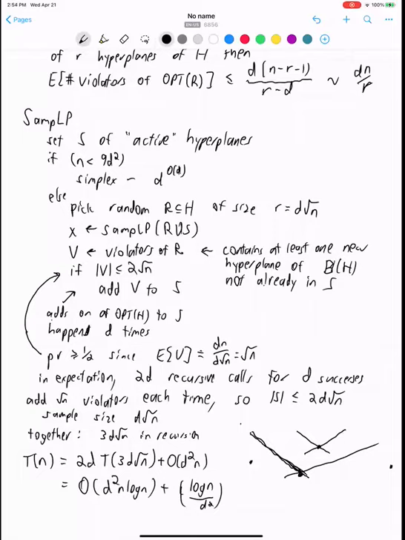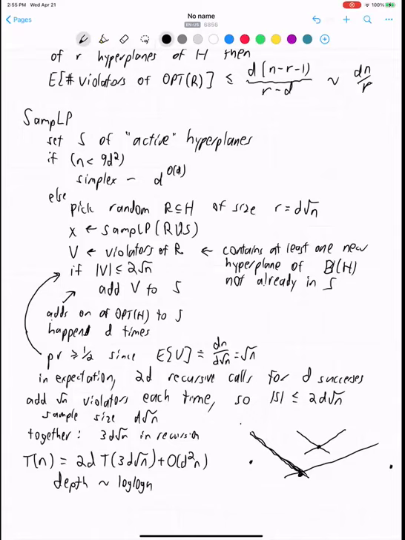raised to the, let me not give you a big mess, right? The point is that we're pulling out a d, and each time we're taking a square root of the n factor. So the depth of this thing is approximately log n, because we take a square root of the size of the problem each time.